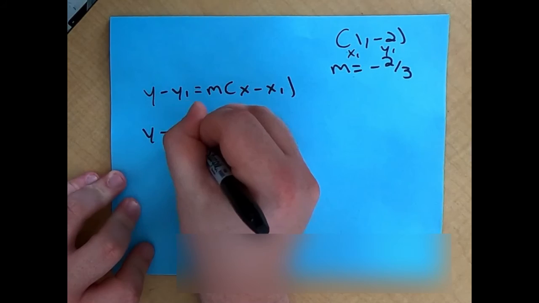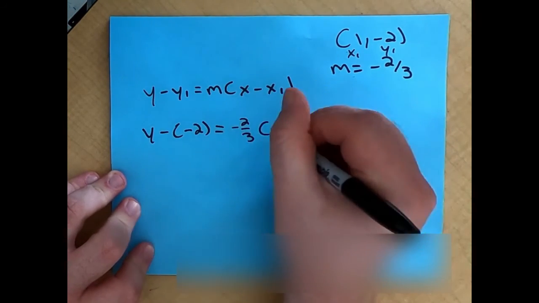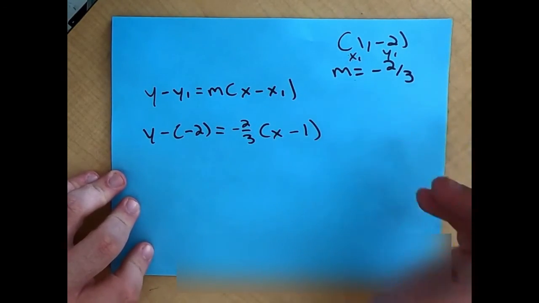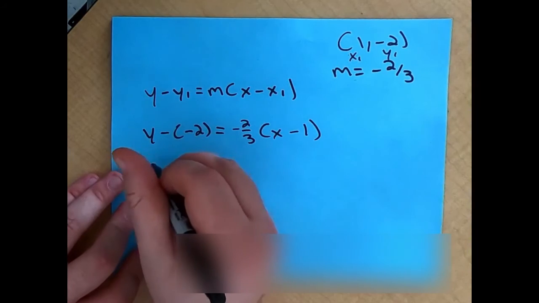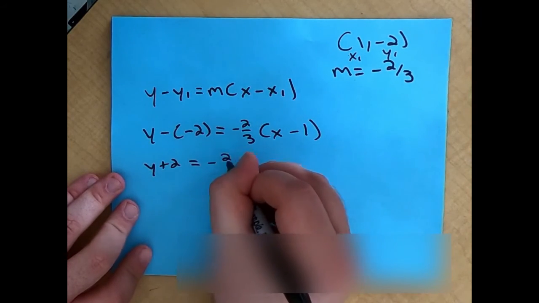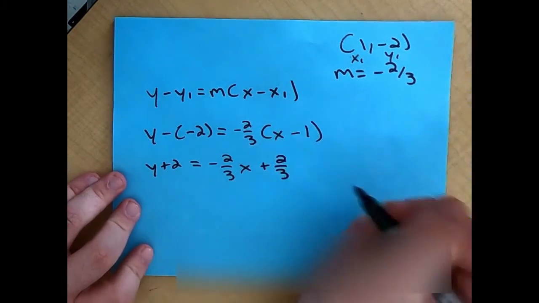Y minus negative 2 equals negative 2/3 times x minus 1. I just plugged in the information that was given to me. Distribute the negative. Y plus 2 equals, distribute the negative 2/3 x plus 2/3.